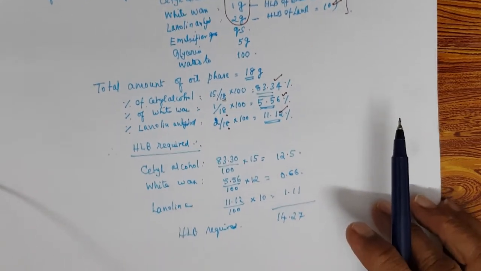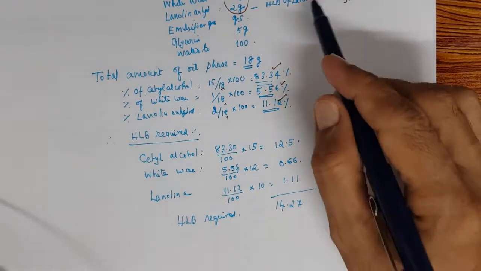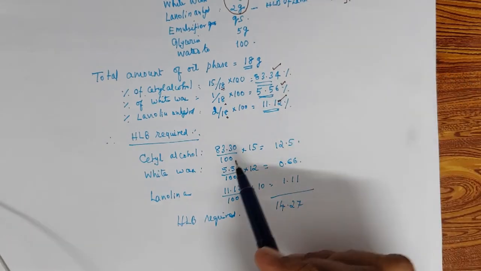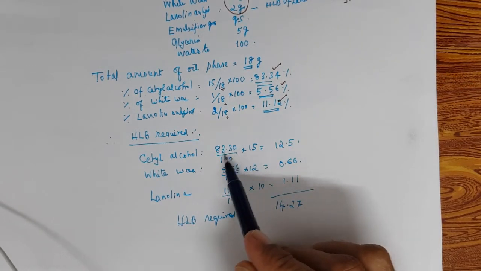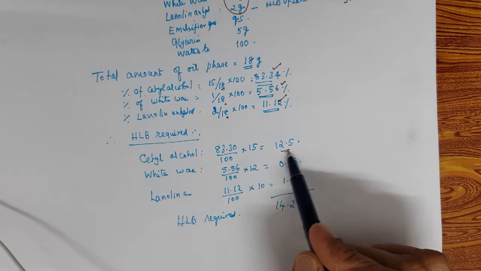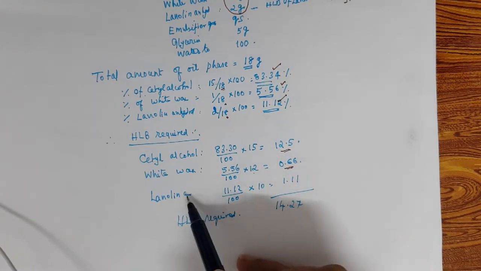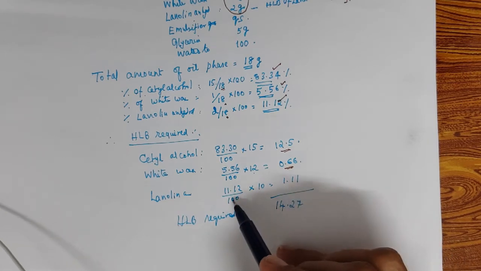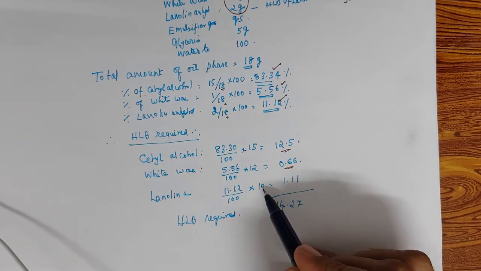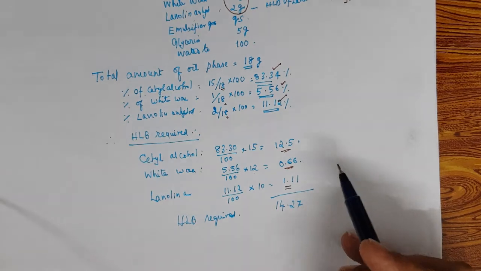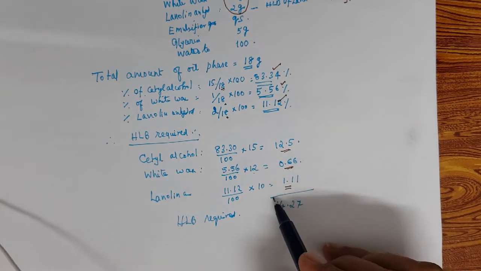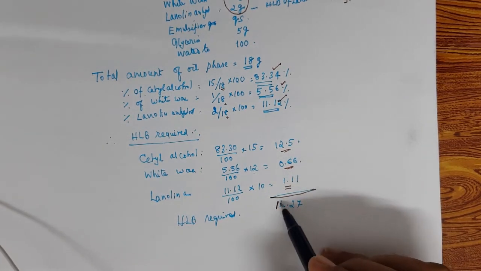Now, again additive, right? What is the cetyl alcohol HLB? 15. So 83.3 by 100 into 15 is 12.5. White wax, paraffin wax is 0.66. Lanolin is 11.12 by 100 into 10, 1.11. So total 14.27.